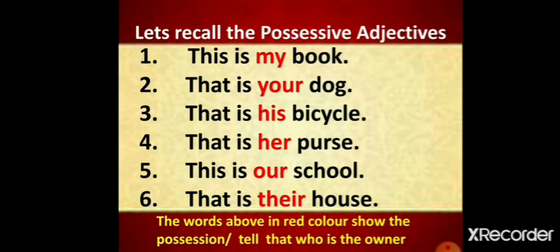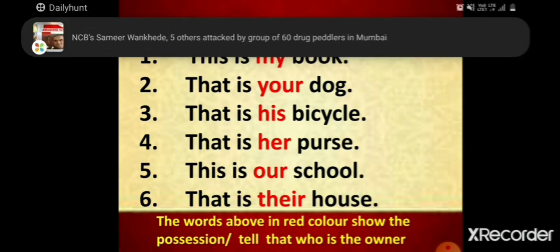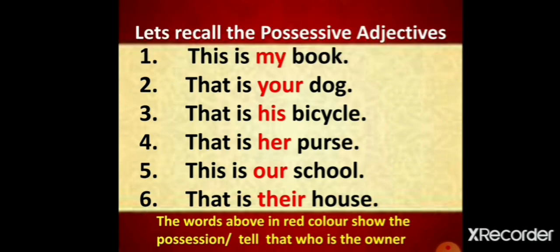Possession means बताते हैं कि ओनर कौन है किसी चीज़ का. ओके, पोजेशन मीन्स कि कोई चीज़ किसको बिलोंग करती है, किसकी है. माई बुक, मेरी किताब. योर डॉग, आपका डॉग. हिज बाईसाइकिल, उस लड़के का साइकिल. हर पर्स, उस लड़की का पर्स. सो दिस इज़ द वे हम बता सकते हैं कि कोई चीज़ किसकी है. नाउ क्योंकि इनके आगे नाउन्स दिए हुए हैं, दैट इज़ वाई दीज वर्ड्स आर द possessive adjectives. Okay, so now we'll move ahead.